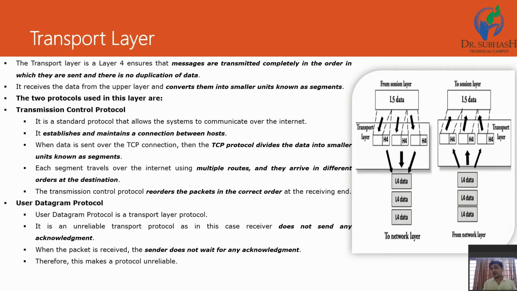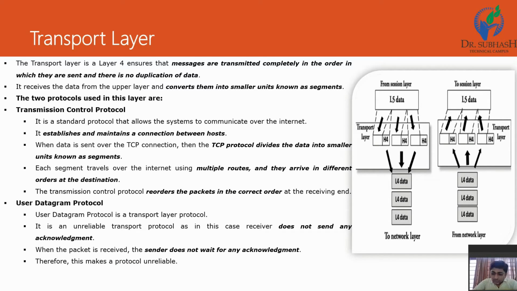That means we have successfully received the data, and we may arrange this data in the particular sequence A, B, C, and that is your acknowledgement. TCP will provide this acknowledgement, but UDP may not. So when the packet is received, the sender does not wait for any acknowledgement. Therefore, this makes the protocol unreliable. That is the unreliable protocol, UDP.